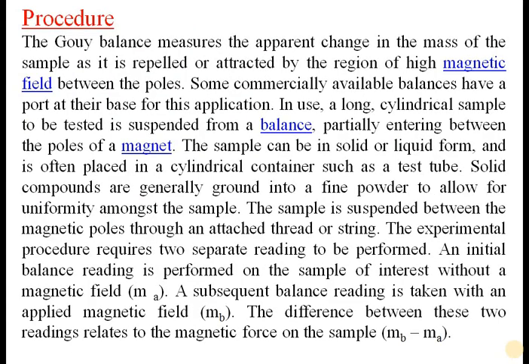Procedure. The Gauss balance measures the apparent change in the mass of the sample as it is repelled or attracted by the region of high magnetic field between the poles. Some commercially available balances have a port at their base for this application. In use, a long cylindrical sample to be tested is suspended from a balance, partially entering between the poles of a magnet.